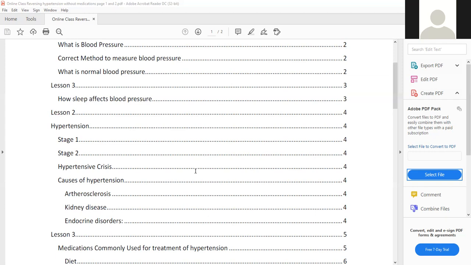This is because the step approach requires you to make lifestyle changes. If your blood pressure doesn't come down and you stay at stage one, then a diuretic will be added. If your pressure still doesn't come down, another medication will be added. And if it continues to be elevated with two medications, then a third medication or a higher dose or switching to a stronger medication would be the therapy most commonly chosen.